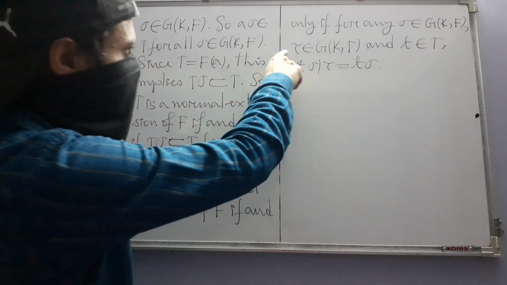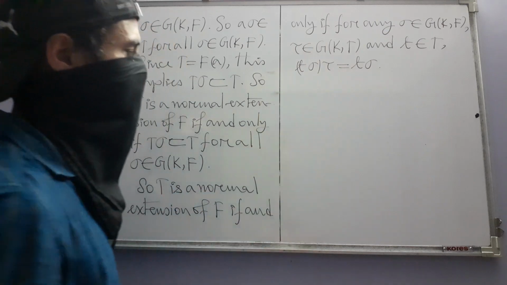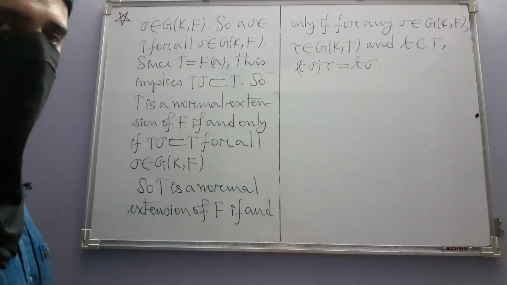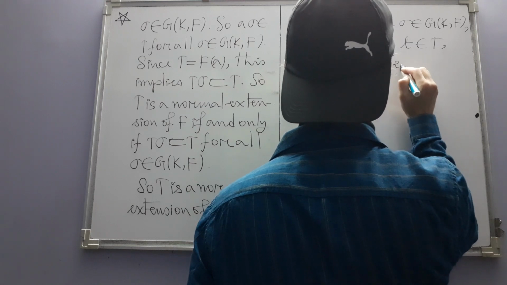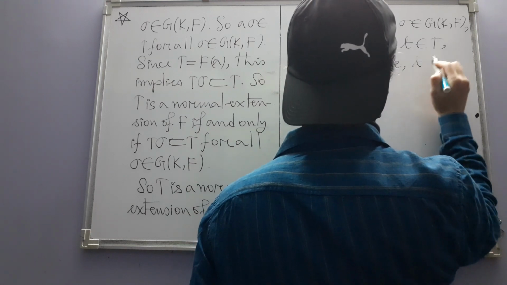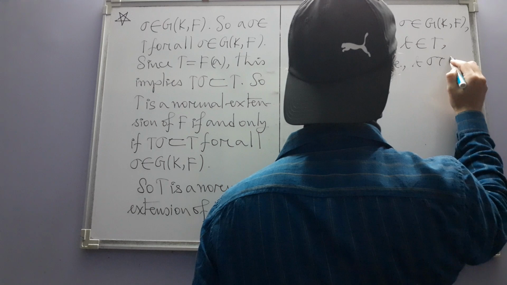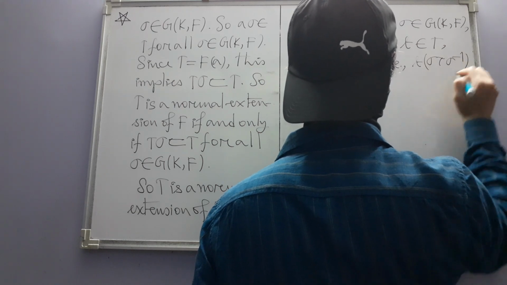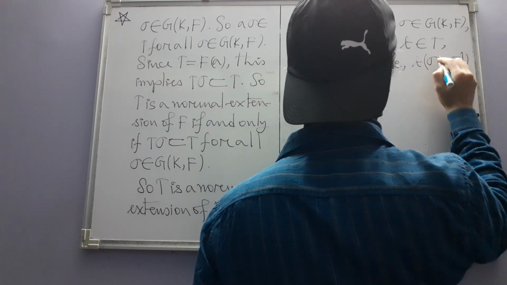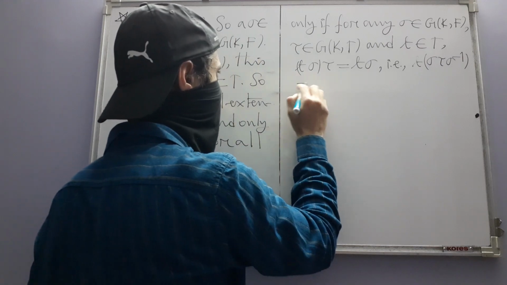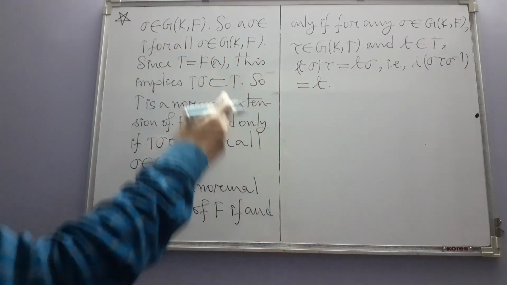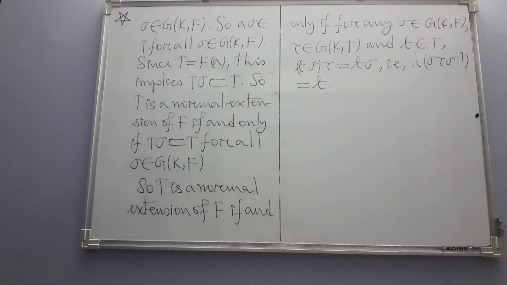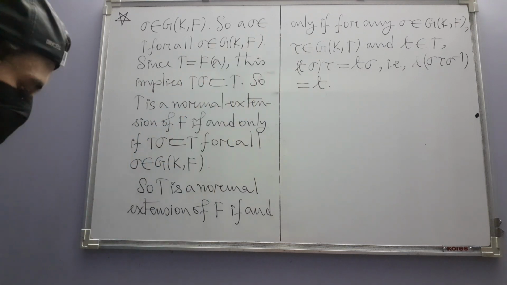Why? Because τ by definition does not change anything of T. So we get this. Another way of writing this is tσ τ σ⁻¹ equal to t. If you apply σ inverse on both sides, you get this.